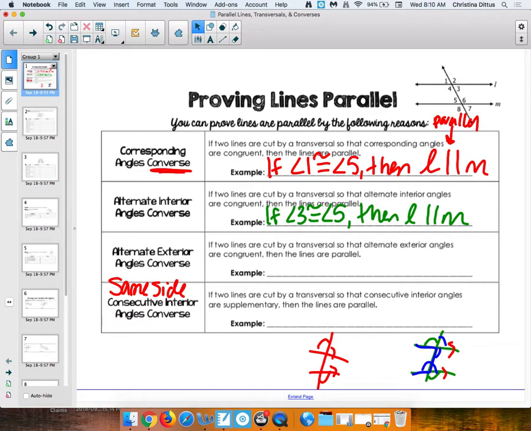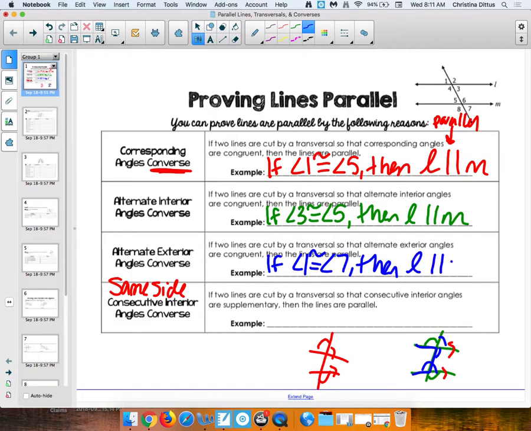L is parallel to M. Name a pair of alternate exterior. 1 and 7. Are alternate exterior congruent or supplementary? Congruent, good. So if angle 1 is congruent to angle 7, then what do you think I can say? Yeah, L is parallel to M.